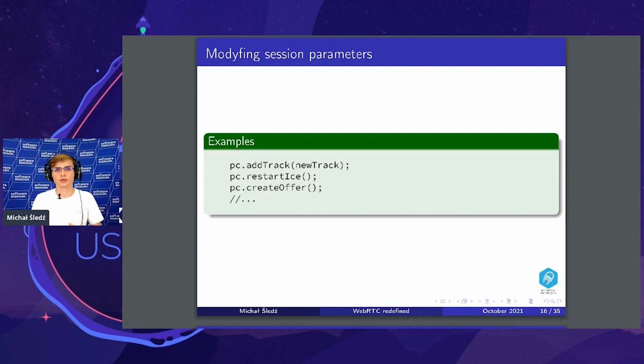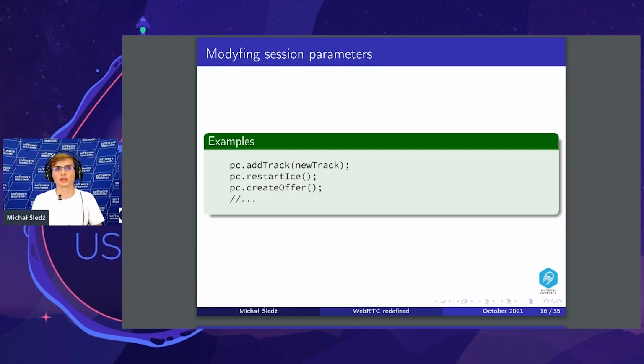Next, let's assume that we want to add some tracks during the session. Let's assume that we want to add screen sharing. So we obtain a new track, and we want to add this to our peer connection. We call peer connection add track with the new track, but then we have to call also restart ICE, and we have to create a new offer, and we have to exchange once again offer and answer with the other peer.